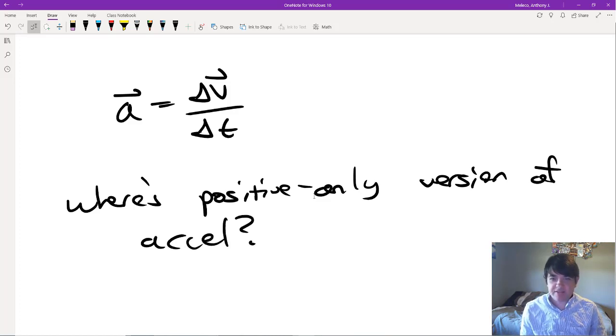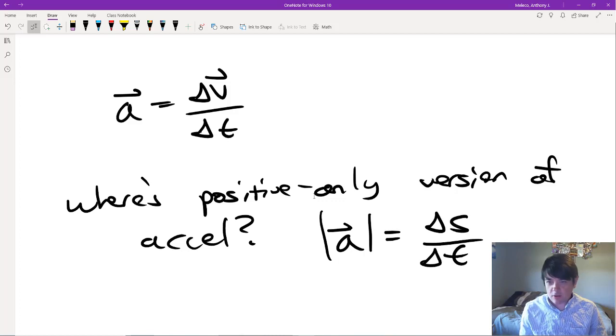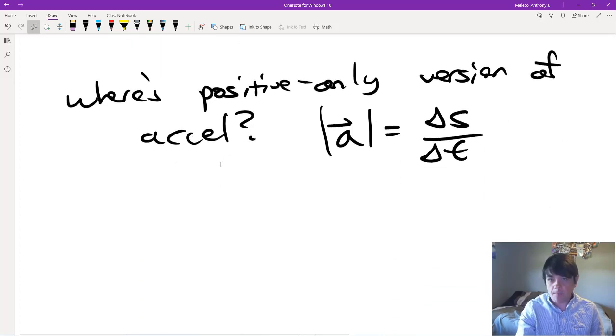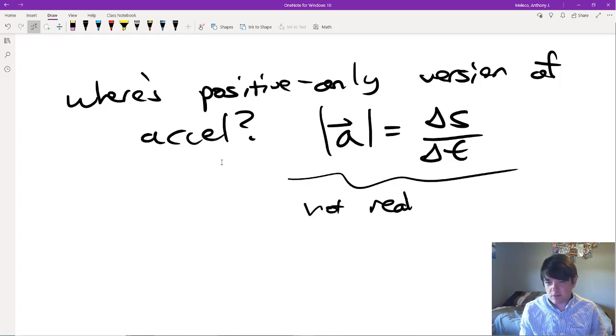Well, it doesn't exist. The positive only version would probably be change in speed over change in time, how speed changes with time versus how velocity changes with time. But it's not really discussed.